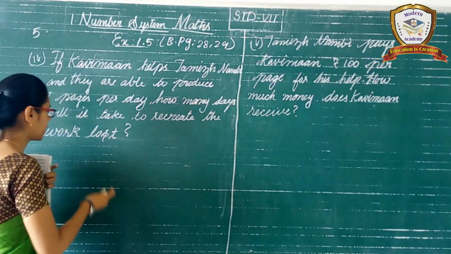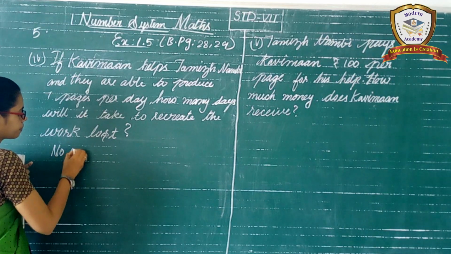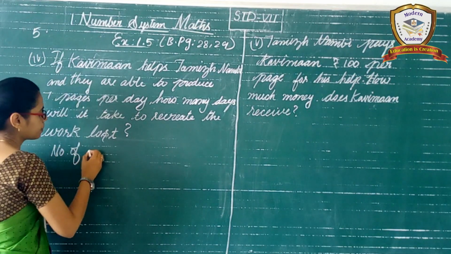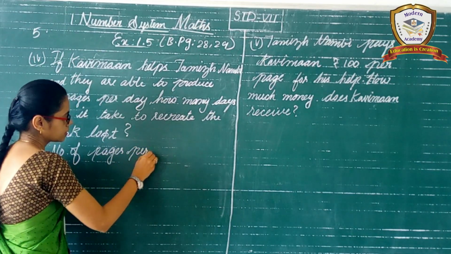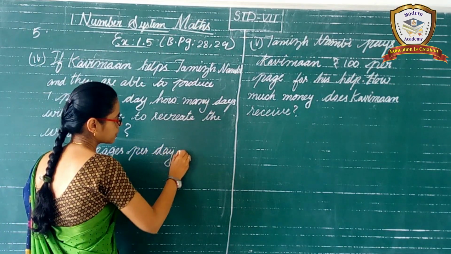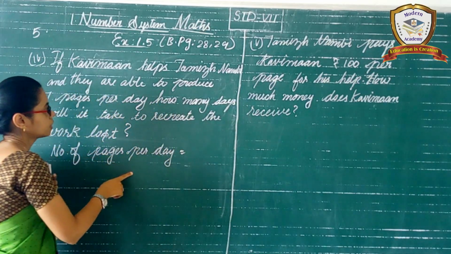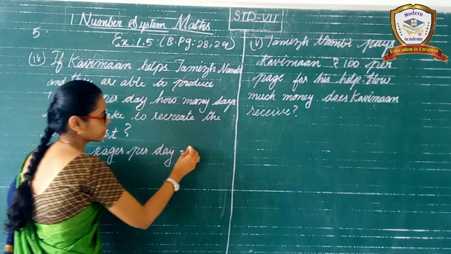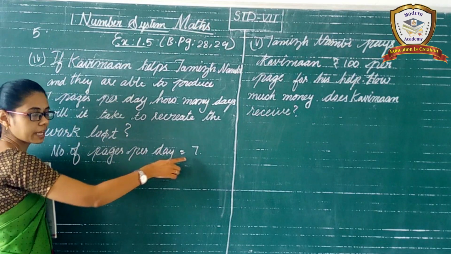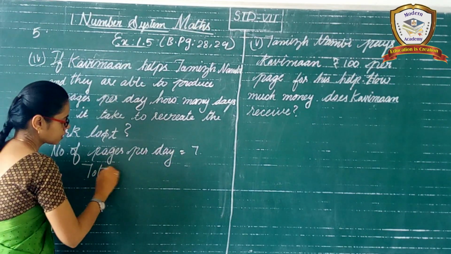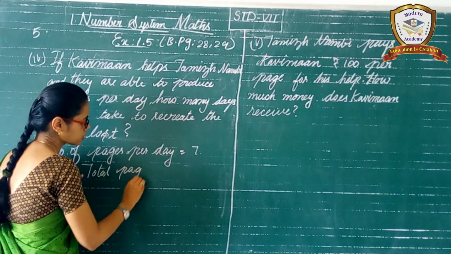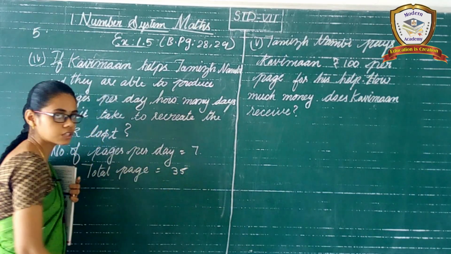Okay. So first one, number of pages per day. Number of pages per day produced. How many pages? 7. Number of pages per day produced, 7 pages. So total pages equal to 35.